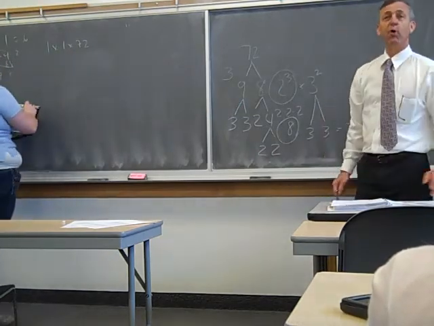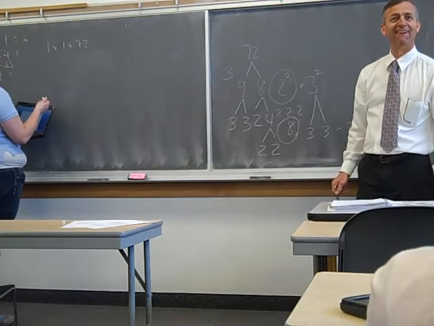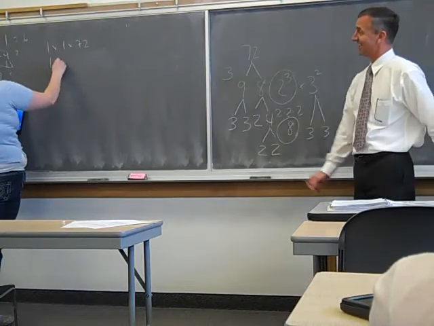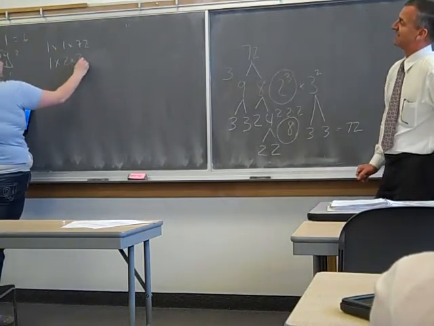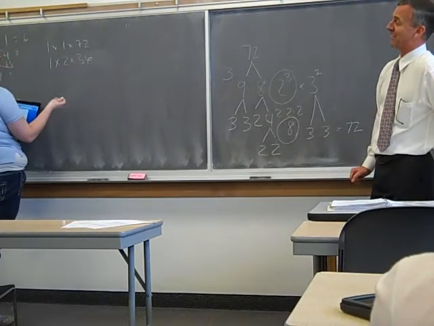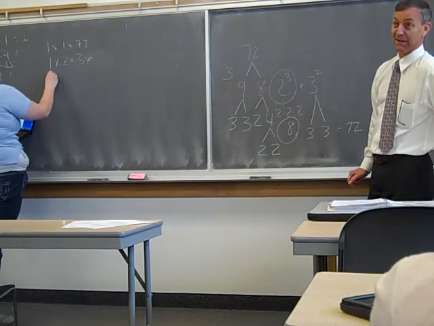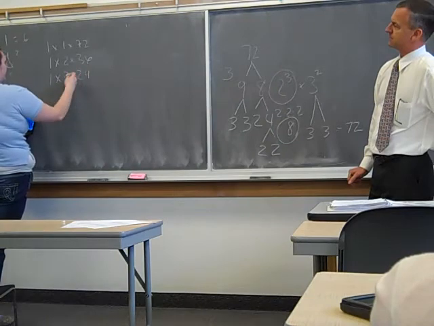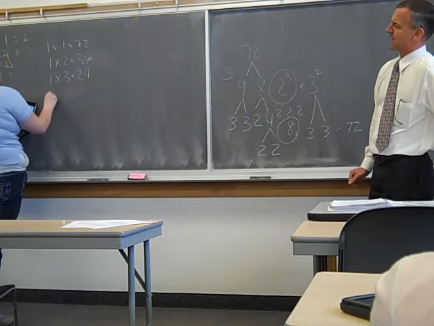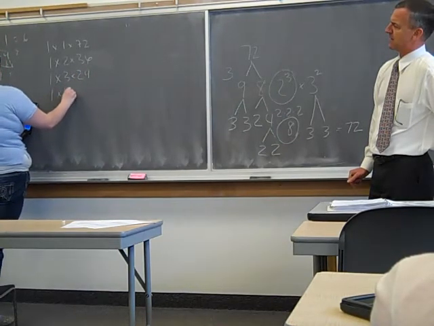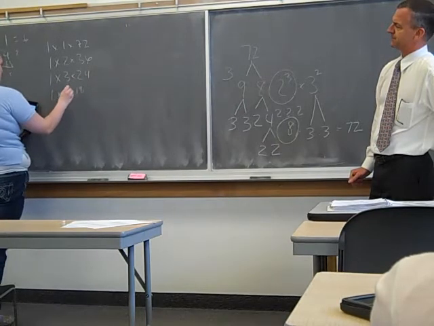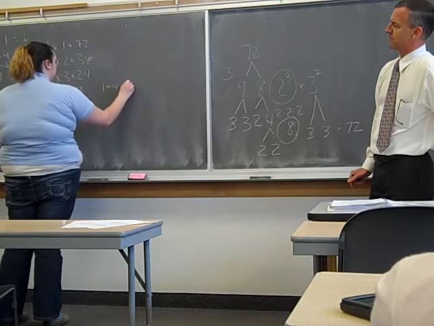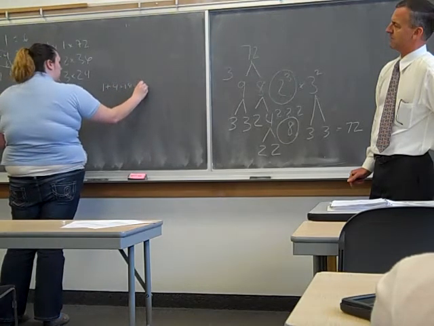Then 1 times 2 times 36, which is a little more feasible. Then 1 times 3 times 24, also not a child. And then 1 times 4 times 18. When you add these, 1 plus 4 plus 18 is 23.